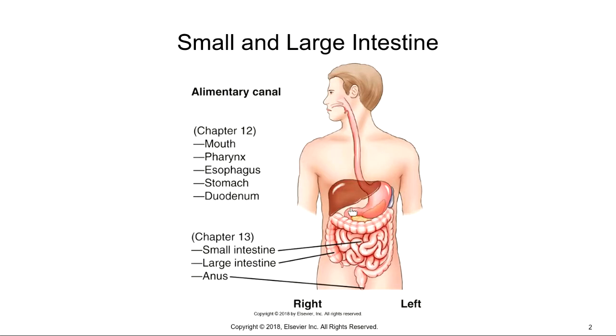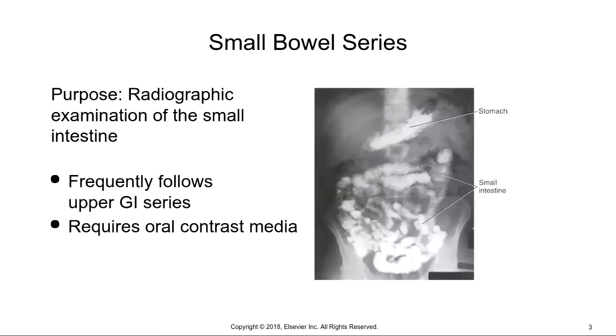Chapter 13 takes us into the duodenum, the jejunum, all around to the ileum, through the ileocecal valve, and then we discuss further on about the cecum and the ascending colon, the right hepatic flexure, the transverse colon, the left splenic flexure, the descending colon, the sigmoid colon, the rectum, and then the anus. So we're going to start with the small bowel series.